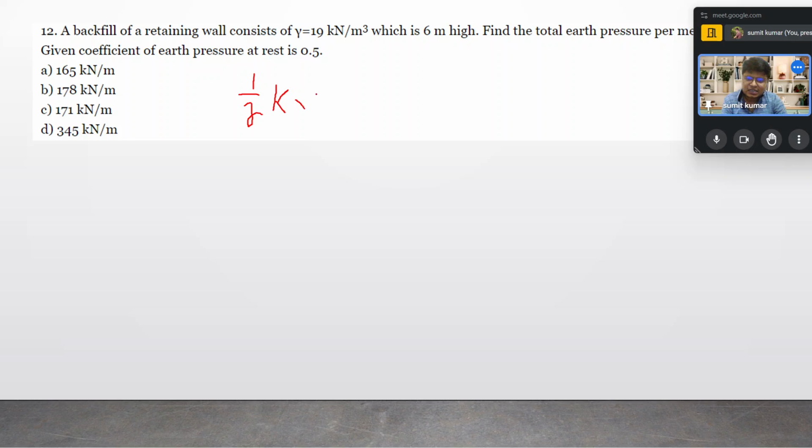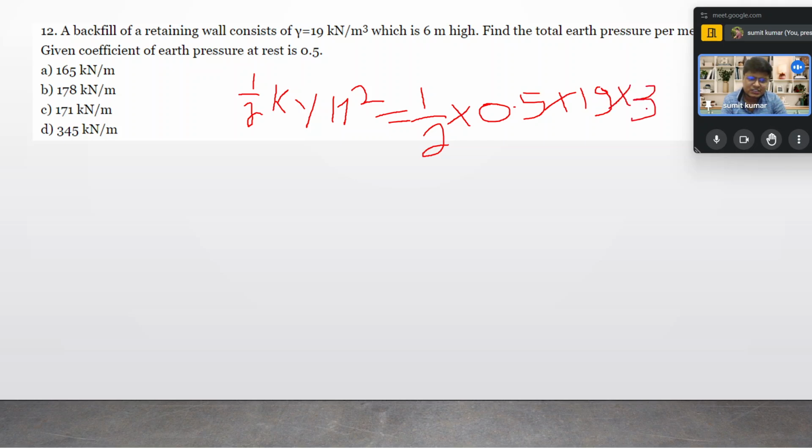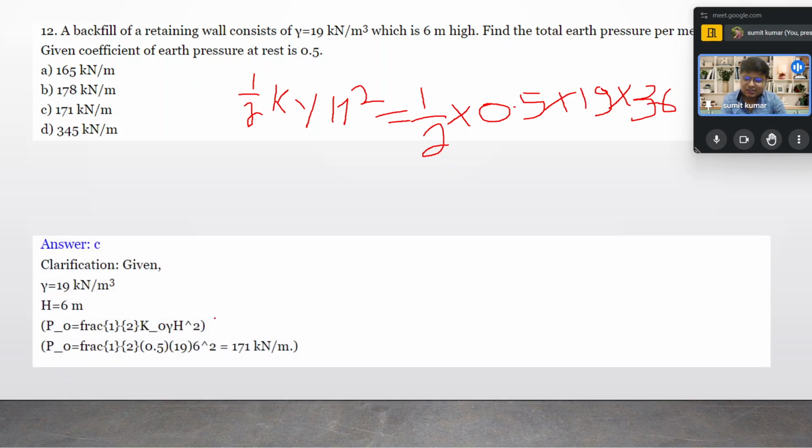You calculate 1 by 2 into 0.5 into gamma, which is 19, and the height is 6, so h square is 36. When you calculate this, you get the value as 171 kilonewton per meter. So option C is the correct answer.